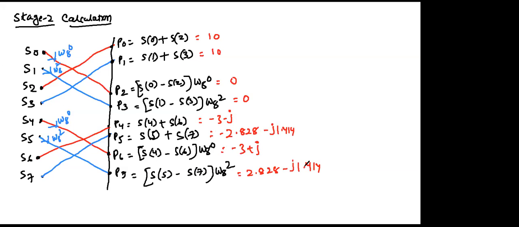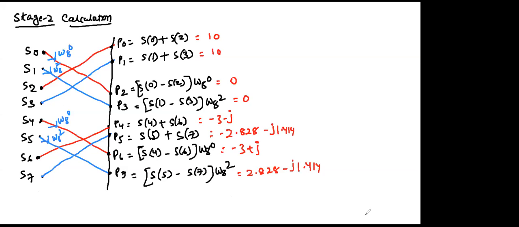Please note down the stage 2 values. Okay, this is the stage 2 calculation. Clear? Because S0 to S7 are already known from the first stage, you can verify after class.